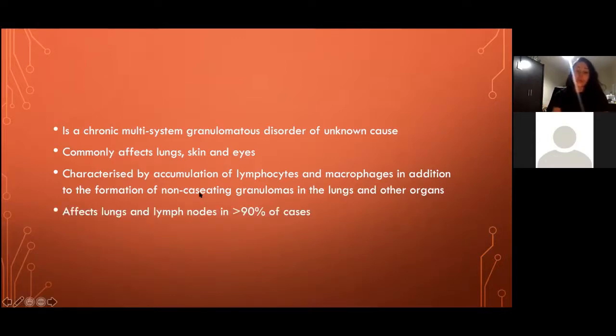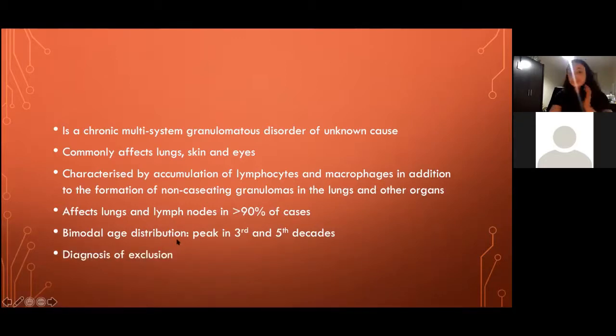So in over 90% of cases, it affects the lungs and the lymph nodes. And it follows a bimodal age distribution with a peak in the third and the fifth decade. And it's generally a diagnosis of exclusion, as you'll see in the investigation section.